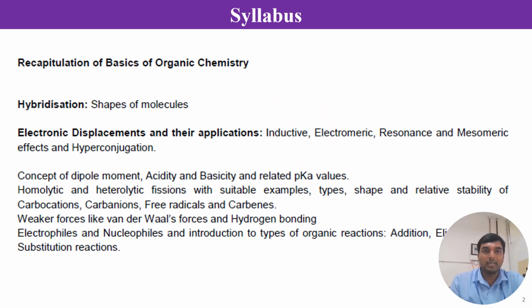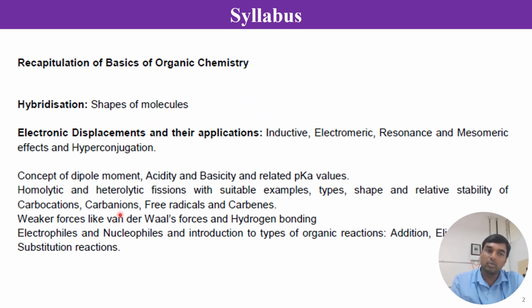Today, I'll be talking about very basic concepts of organic chemistry. I'll touch upon the hybridization concept, then electronic properties, dipole moment, acidity, basicity, pKa rules, homolytic and heterolytic fissions, then different intermediate species: carbocations, carbanions, free radicals, carbenes.